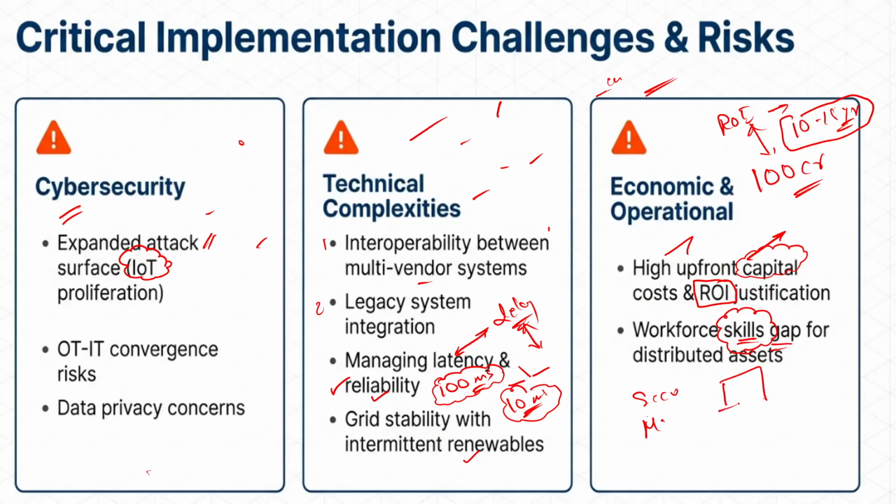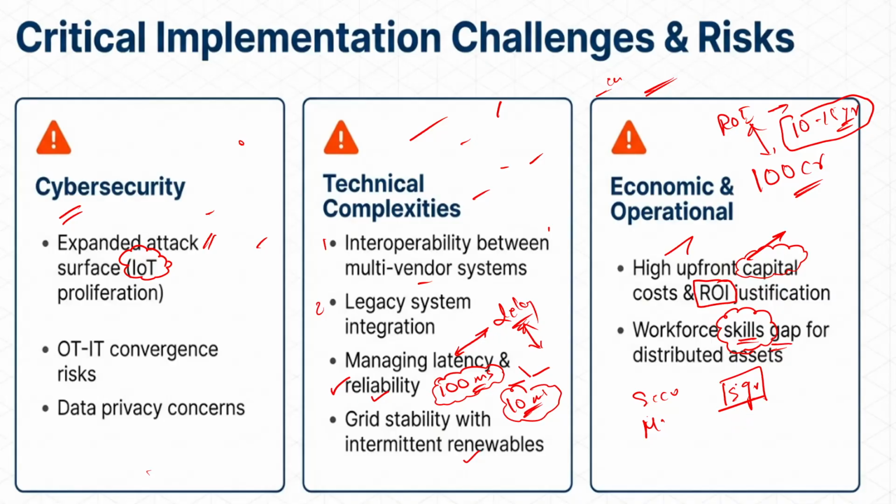Somebody has to configure the smart grid, correct? So we are lagging in skills. That is one of the biggest problems in implementing smart grids. Most of them don't know how exactly the smart grid meters work, or how to configure them. This skill gap is what we are currently facing.